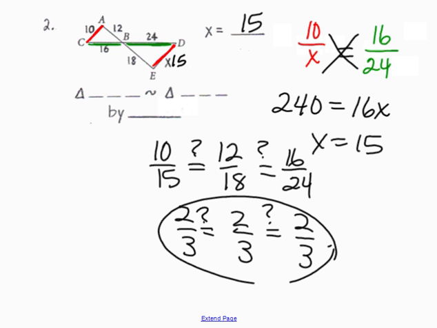That means that they are similar by side, side, side similarity. So now I have to name the triangles. I'm going to start with C to A, C, A, B. That means I'm going to start with E to D, E, D, D.